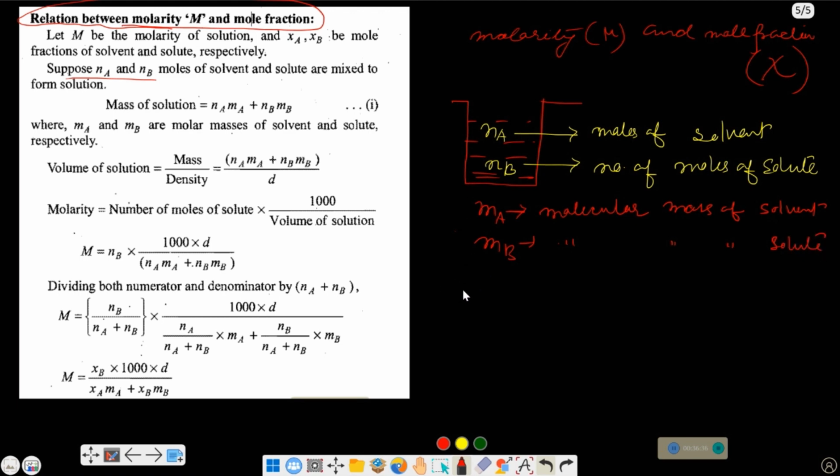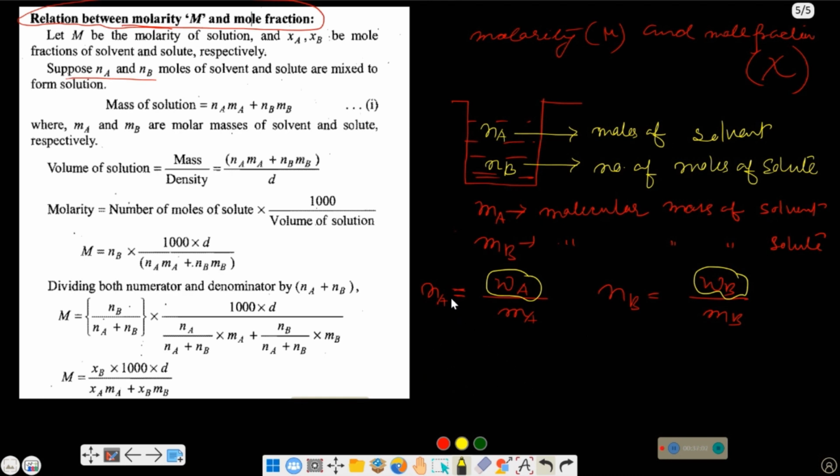So from these, the number of moles can be written as NA is WA by MA, and NB is WB by MB. This is the given weight of the solvent, and this is the given weight of the solute.